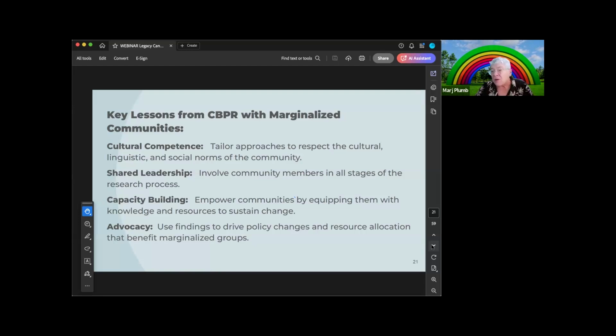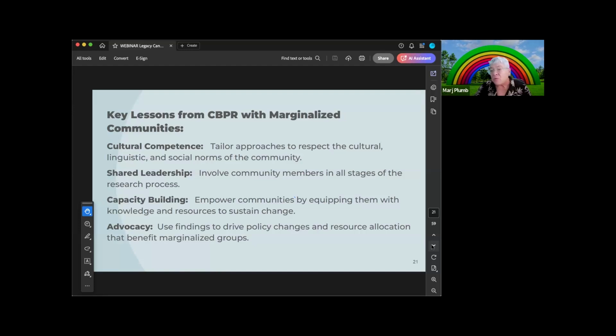Capacity building, empowering communities by equipping them with the knowledge and resources to sustain their own change, like what happened with the farm in Berkeley. They did enough CBPR, they learned how to do research, they took over their own research agenda. And then advocacy, using findings to drive policy changes and resource allocation, especially to benefit marginalized groups. Frankly, none of us want to participate in a survey where we don't know that it's had impact.